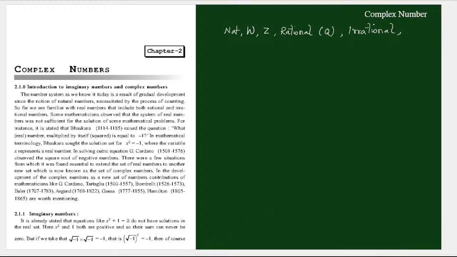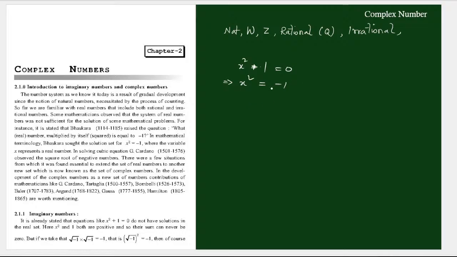Apart from that, one more problem arises when trying to solve a quadratic equation, something like this: x square plus 1 equal to 0, which is nothing but x square equal to minus 1.